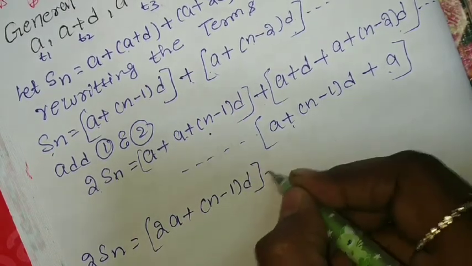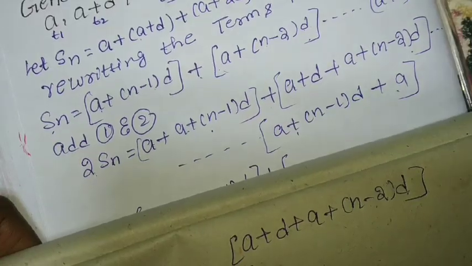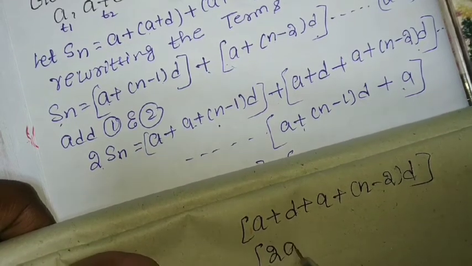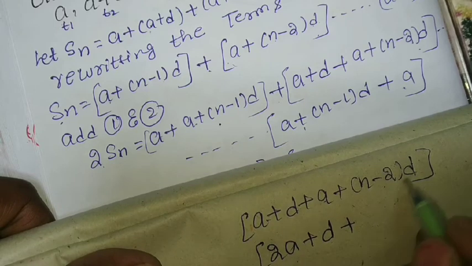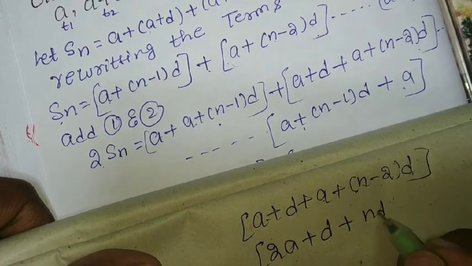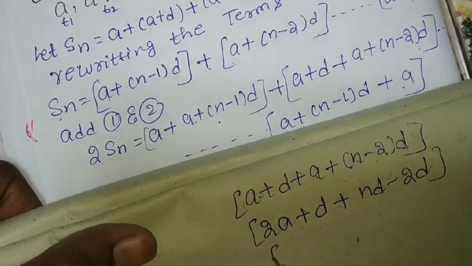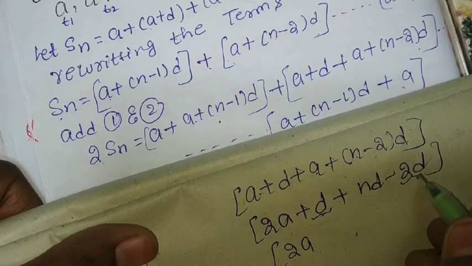Keep it in the bracket. Plus, again see here, A plus A. How can you write A plus A? That is 2A plus D plus multiply D here. n into D, nD, minus 2 into D, 2D. Okay. Now what is the next step here? 2A, see here, 1D minus 2D.